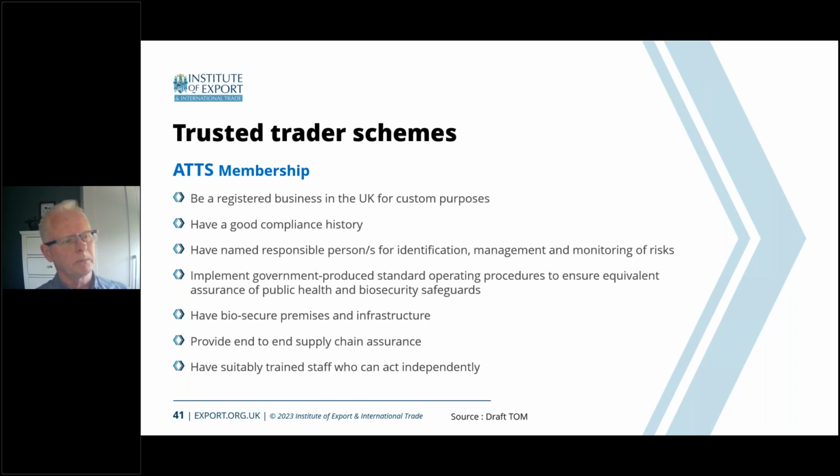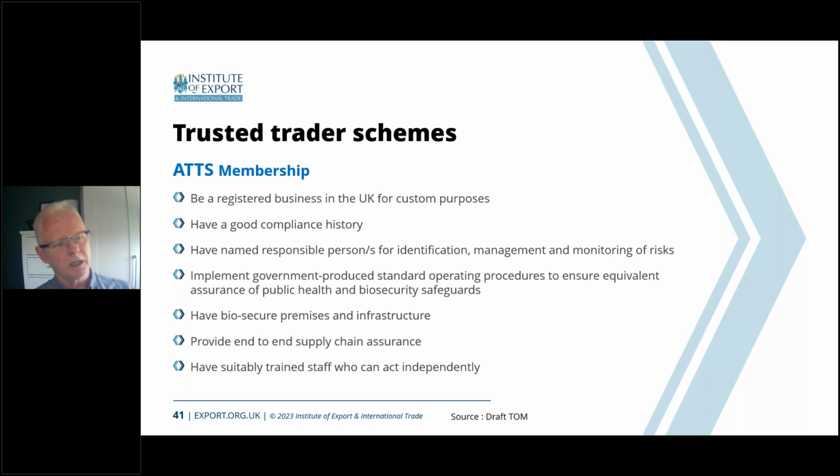Okay, so in terms of membership of the ATTS, you must be a registered business. So there's a list of things here. Have a good compliance history. That's customs, and also in terms of your biosecurity history, in terms of applying for export health certificates or phytosanitary certificates, that sort of thing, and you have a good history with DEFRA and the Port Health Authority.